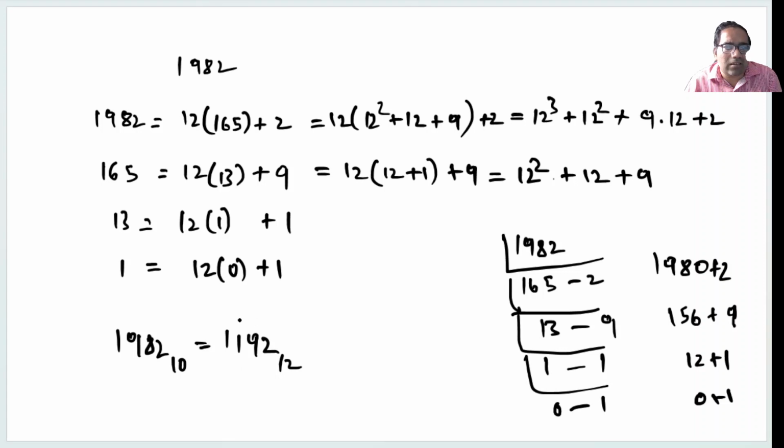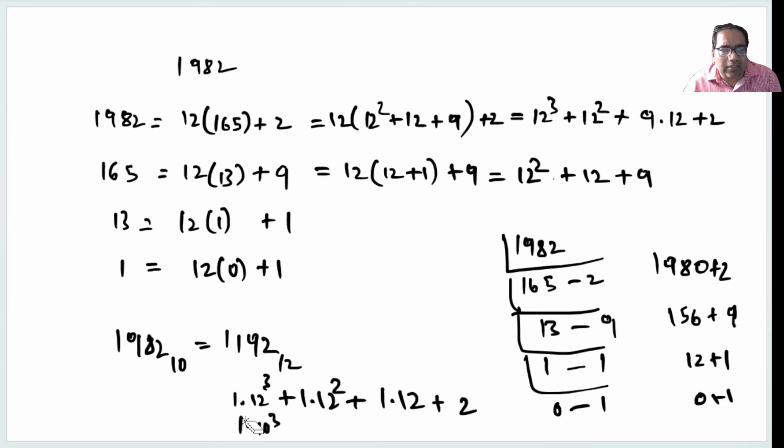Obviously, base 12 number will look smaller than base 10. Why? Because it is 1 into 12 power 0, 1, 2, 3, 12 cube plus 1 into 12 square plus 1 into 12 plus 2. Right. If it was base 10, then it would be 1 into 10 cube plus whatever, that becomes 1192.